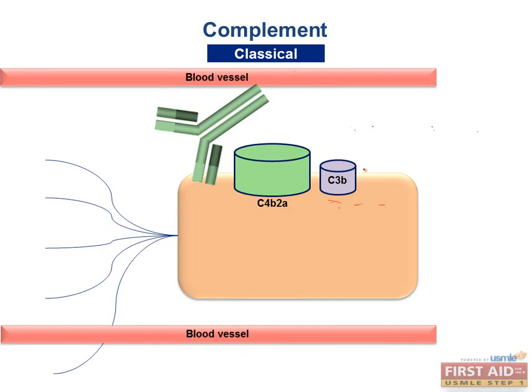And C3b, what's special about that, what do you think? It's actually an opsonin. So just like IgG is an opsonin, remember what that is? Opsonization is allowing and facilitating macrophage consumption of pathogens. Remember, it's like sticking a toothpick into a slippery bar of soap.